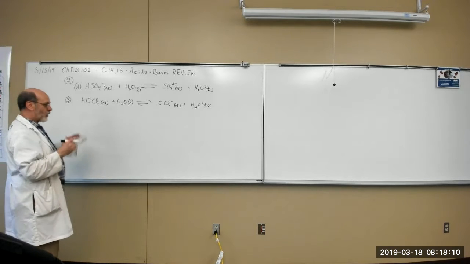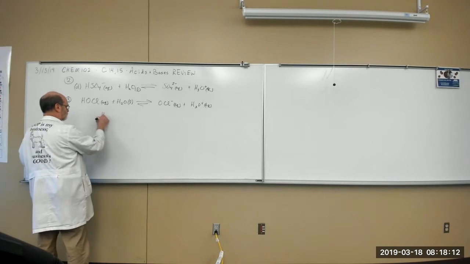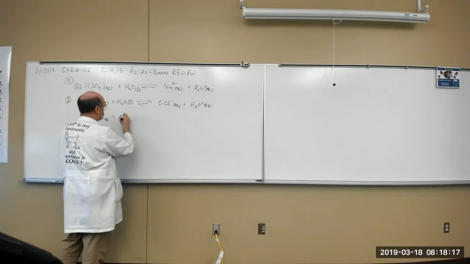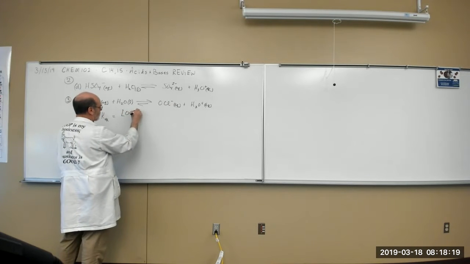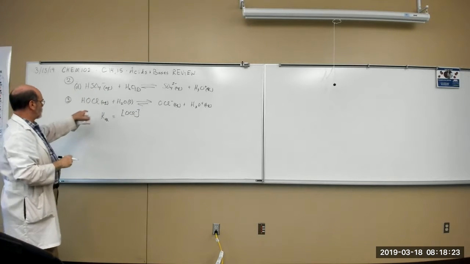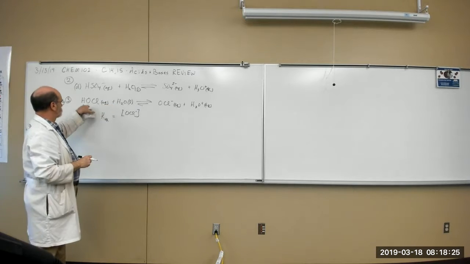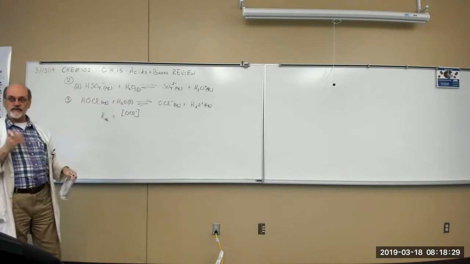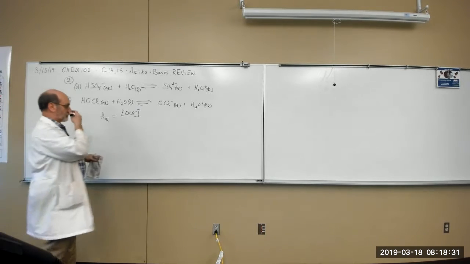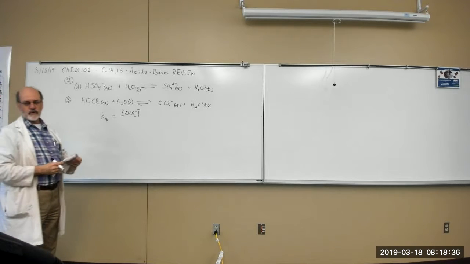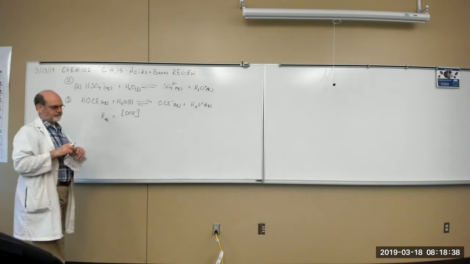Okay, so now we can write the equilibrium expression for this as the products. Since there are no coefficients, and let's be sure, should there be 1, 1, 1? No, that's fine. All coefficients are 1. And that's typical for acid-base reactions because you're only moving 1 proton at a time.